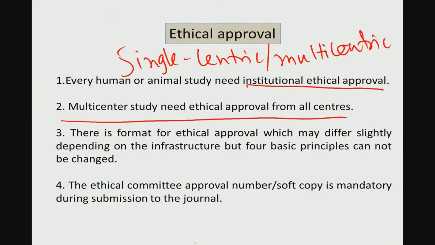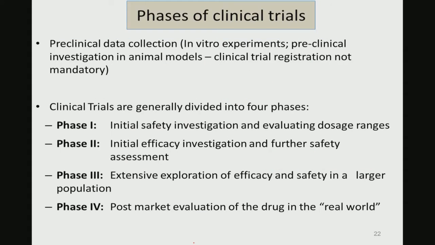Now, coming to the phases of clinical trials, the first important thing that I mentioned in the last module, and let me reiterate, is preclinical data collection. Preclinical data collection starts with in vitro experiments and preclinical investigation in animal models, meaning small animals and large animals.